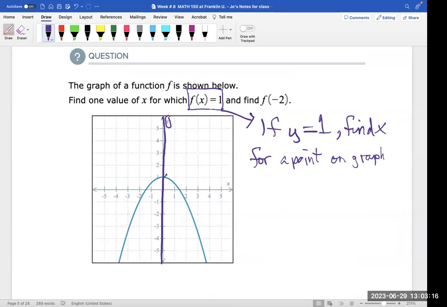When Y equals 1, that's right here. So my X equals 0 because the point 0, 1 is on the graph. It's the only point on the graph where Y equals 1.